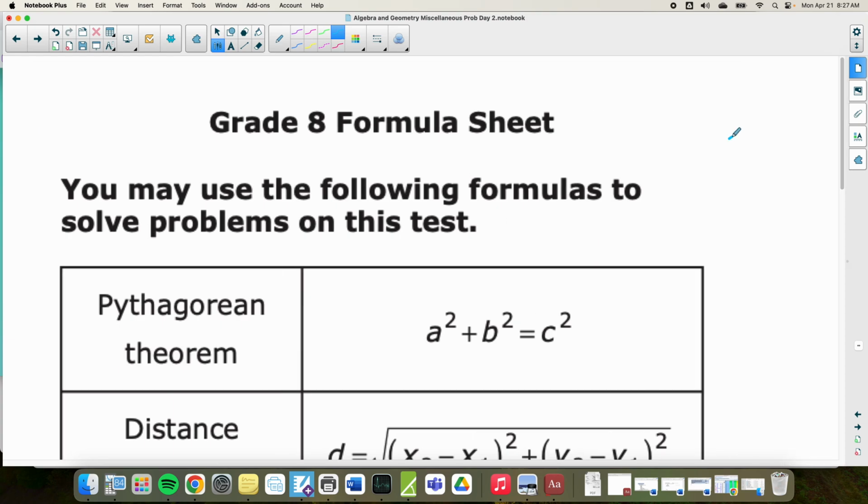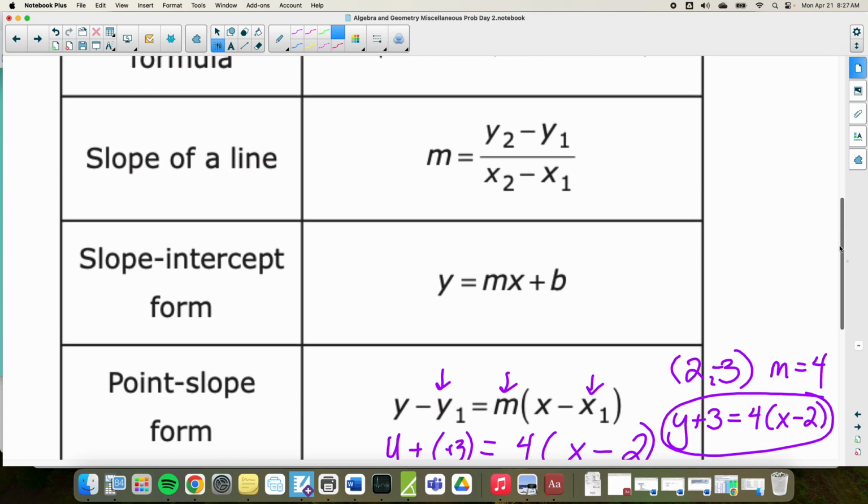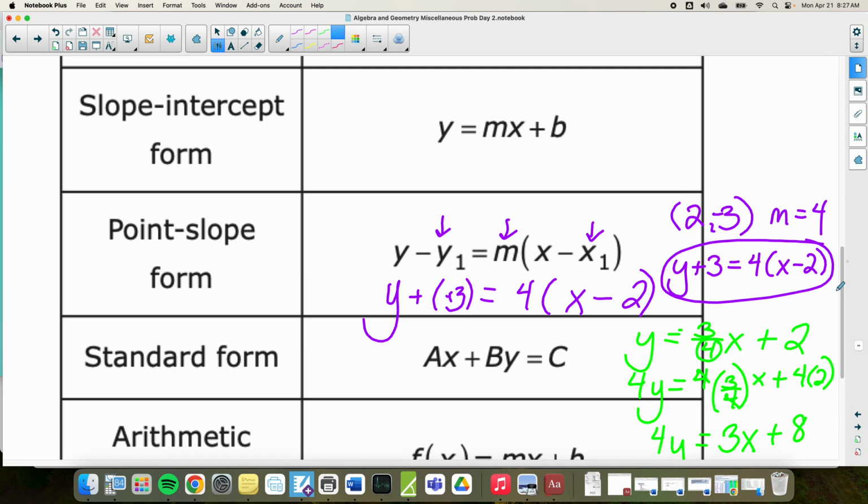Now again, remember, this is your cheat sheet you have tomorrow, and that's the only cheat sheet you get. So Pythagorean theorem, distance formula, slope, slope-intercept form, and then point-slope form. In point-slope form, they would give you the point and the slope.